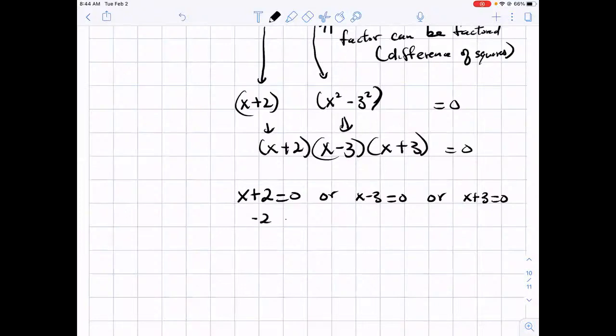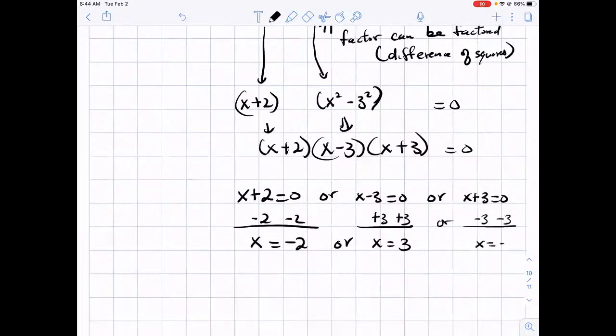So minus 2 on both sides, x is equal to minus 2, or add 3 to both sides, x is equal to 3, or minus 3 on both sides, x is equal to minus 3. The reason we say or is that any one of these, plugged into that equation, will work. Any one of them, not both or all 3 at the same time.